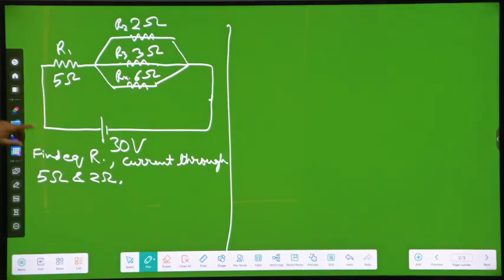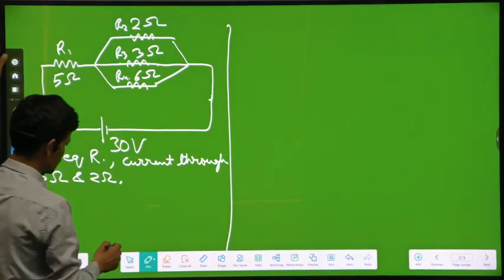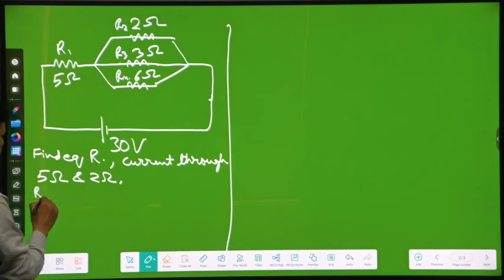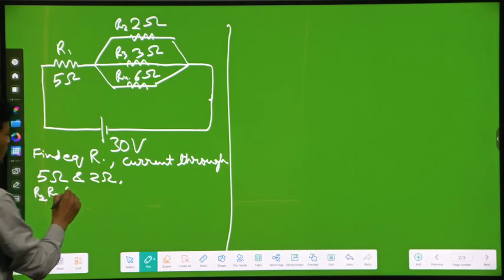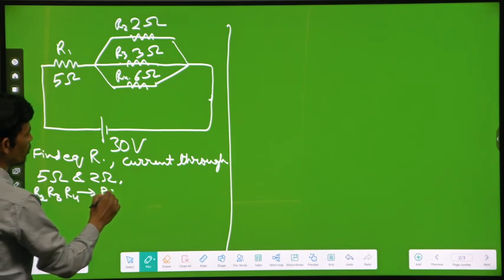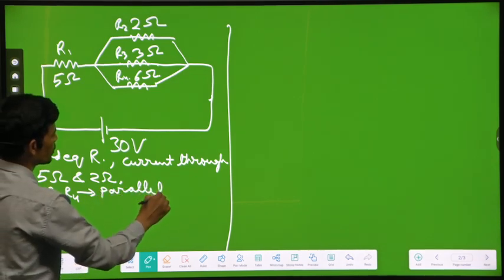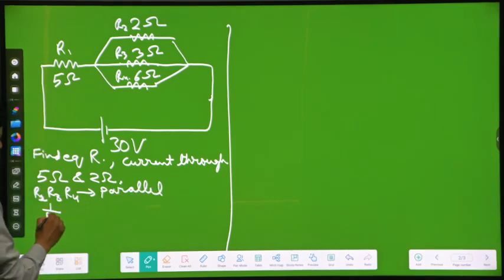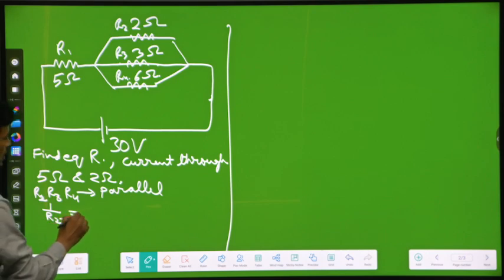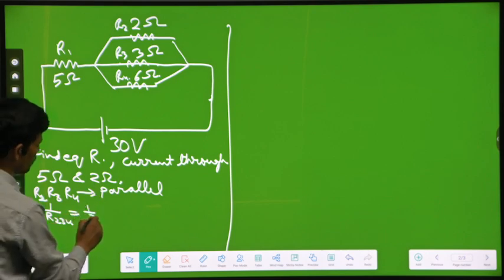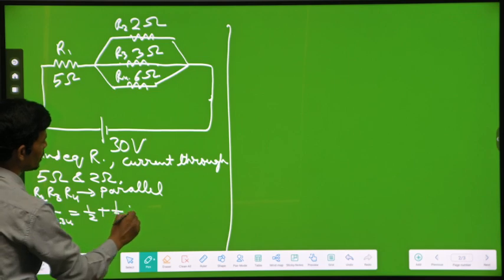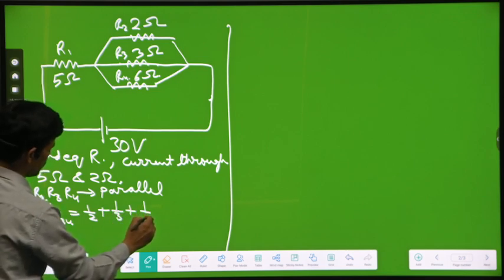R2, R3, R4 are in parallel combination. So 1 upon R234 is equal to 1 upon R2, R3 and R4.